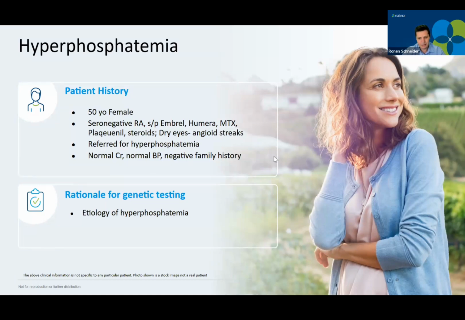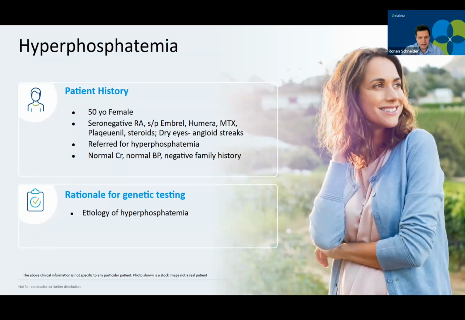This is a case of a female in her 50s with a history of seronegative rheumatoid arthritis that was treated with multiple lines of therapy for over a decade. Nothing really helped. She also has dry eyes, and she was diagnosed with angioid streaks. And she was referred to nephrology actually for hyperphosphatemia.